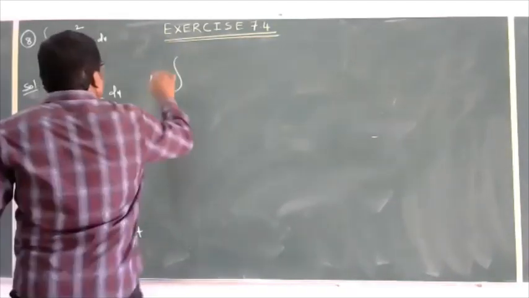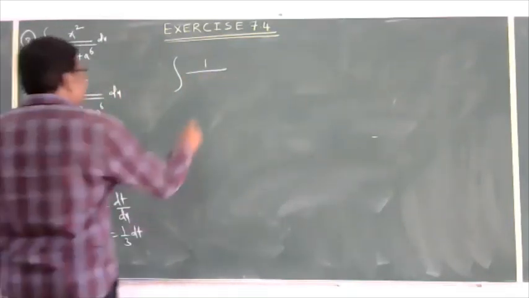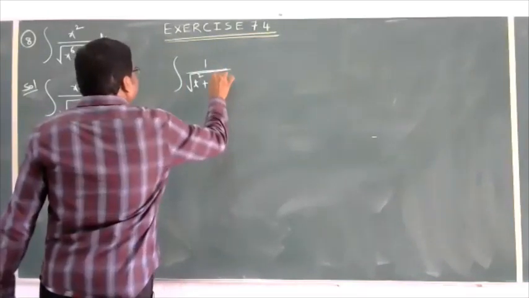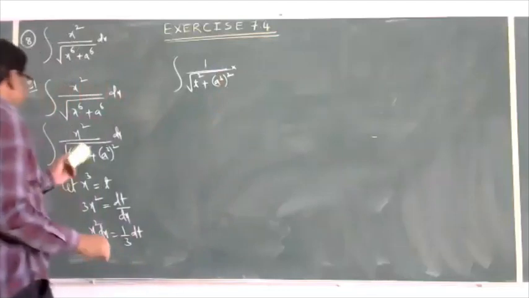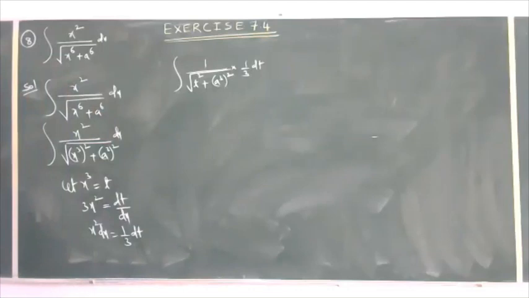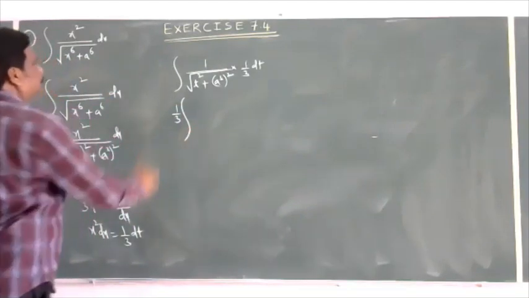So here substitute. x cube is t, so root of t square plus a cube whole square, and x square into dx is 1 by 3 into dt. So 1 by 3 is the constant.